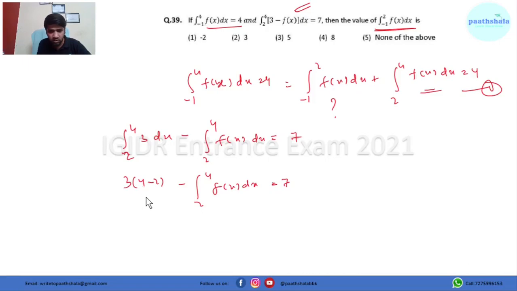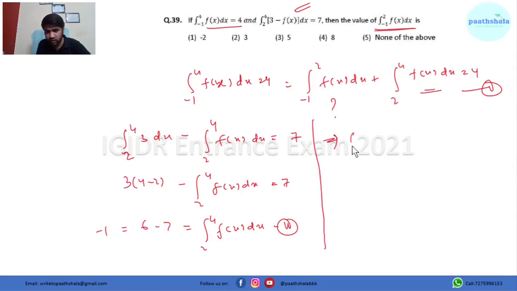Okay, so let's solve it. This comes out to be 6 minus 7, and this will become the integral 2 to 4 f(x) dx. So this is coming out as minus 1. Let's say this is equation 2. Now put the value from equation 2 into equation 1. Finally, this will come out to be the integral from minus 1 to 2 of f(x) dx, and this minus 1 equals 4.